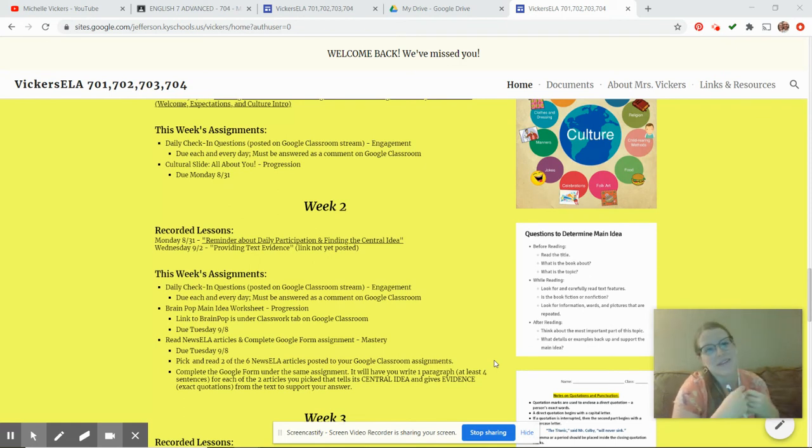Surprise, I'm not surprised. Surprise, they want to introduce a new kind of formatting for how you write a paragraph. Now, this is something that we are trying to do for the whole school, the whole district, so that everybody's kind of on the same page.